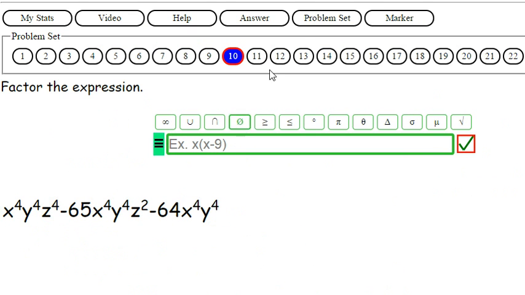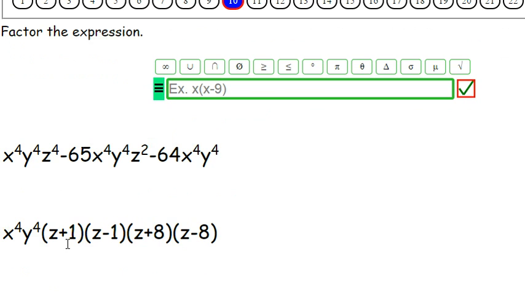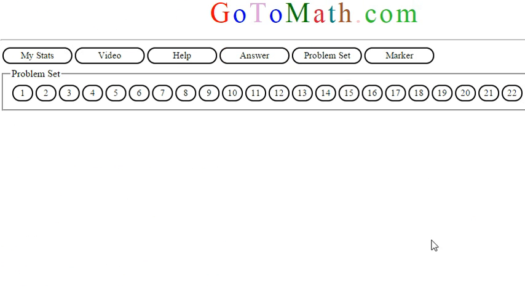And I'm sure the answer is correct. Yeah, see that? So that should be a plus sign. I'll go in and change that. But z plus 1, z minus 1, z plus 8, z minus 8, and x to the fourth, y to the fourth. Got it.